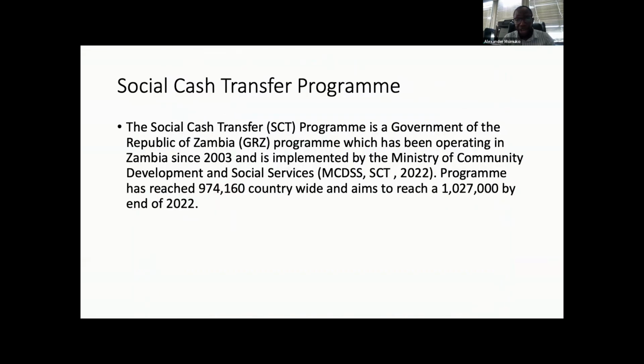Now, I wanted to speak to this very briefly because Zambia is now implementing a social cash transfer program, which is projected to cover about 1 million people. And as I mentioned, the food insecure population is projected to be about 2 million.